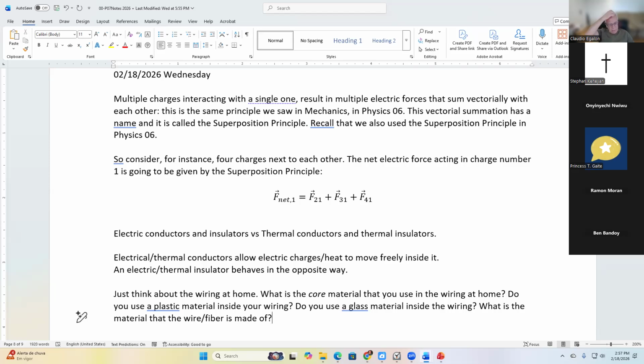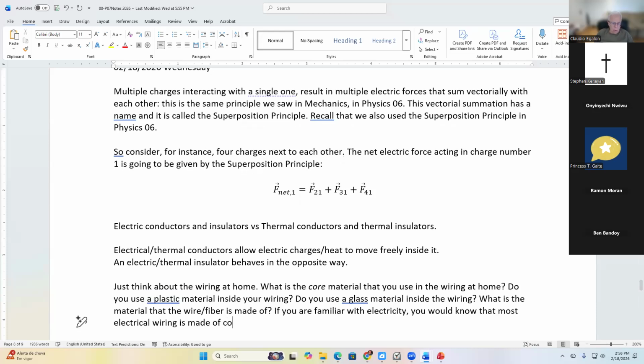If you're familiar with electricity, you would know that most electrical wire is made of copper.